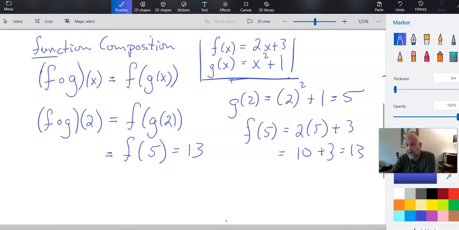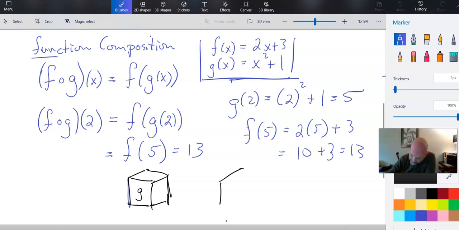Now, let's kind of map out what's actually happening here. Let me switch the color on this. I'm going to go back to the old traditional thinking of functions as just a machine. So this one is g, and this one is f.